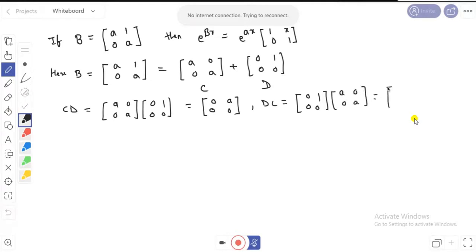If you multiply, this is 0, a, 0, 0. So this means these two matrices C and D commute. So you can write directly that the exponential of C plus D equals e to the power Cx multiplied by e to the power Dx.